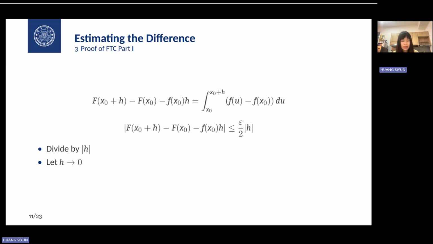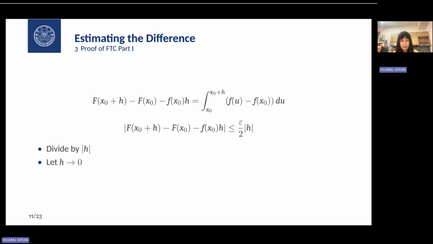So we use this idea to mathematically bound the error. We express the difference between our difference quotient and the supposed derivative value as an integral. Then, using continuity, we show that the size of this integral, and thus our error, is less than our chosen margin of error multiplied by the interval's length.